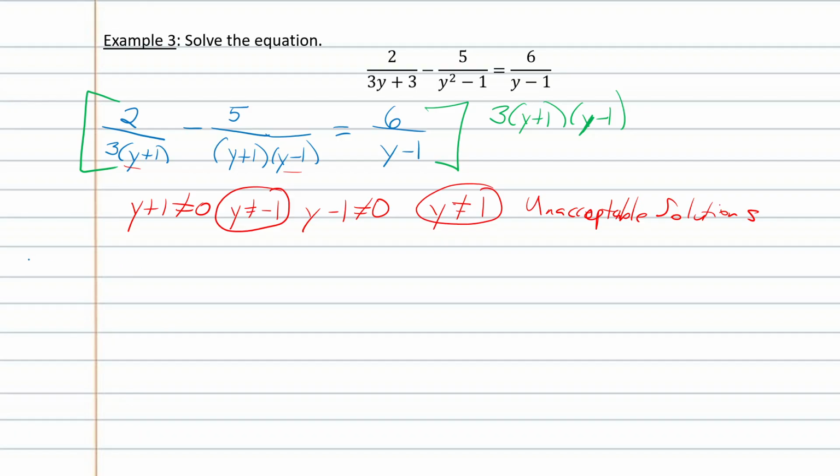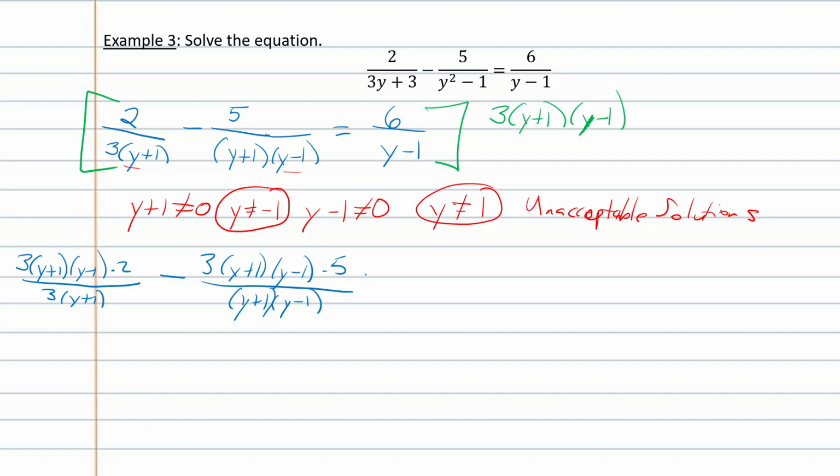It's going to be 3 times y plus 1, y minus 1, times 2, all over 3 times y plus 1, minus 3 times y plus 1 times y minus 1, times 5, all over y plus 1, y minus 1, equals 3 times y plus 1 times y minus 1 times 6 all over y minus 1.